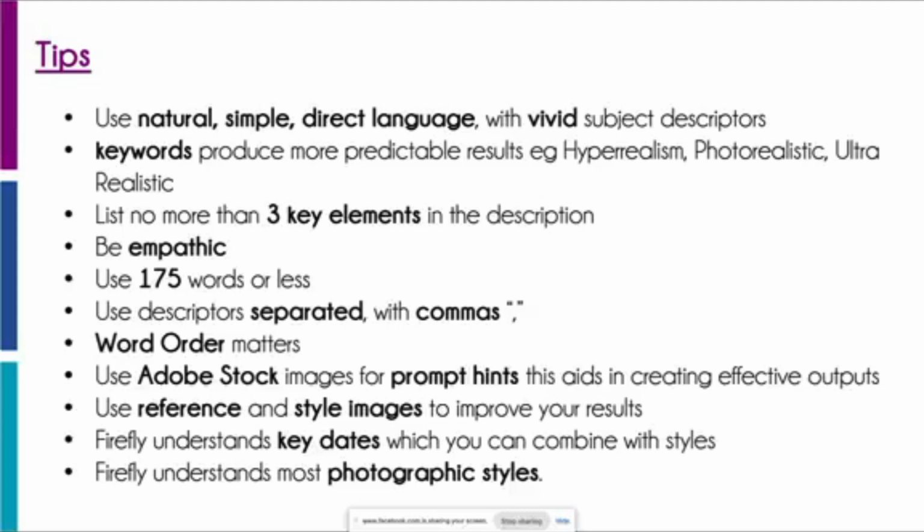And then Firefly understands key dates. So for example, if I say I want a 1920s poster image, then it knows about that. Besides the normal dates like Christmas, Halloween, Thanksgiving and Easter, it even recognizes things like countries, time periods and cities, because it was trained on the stock imagery.